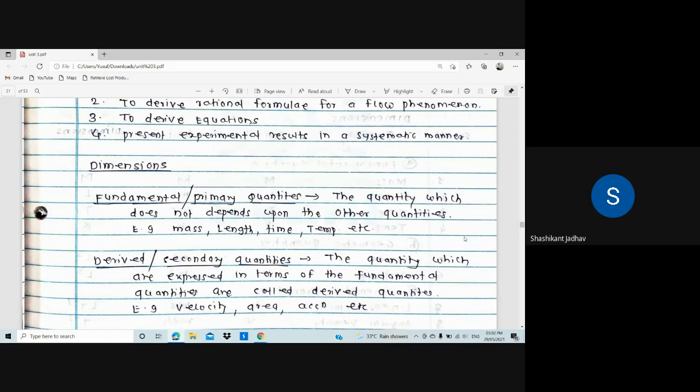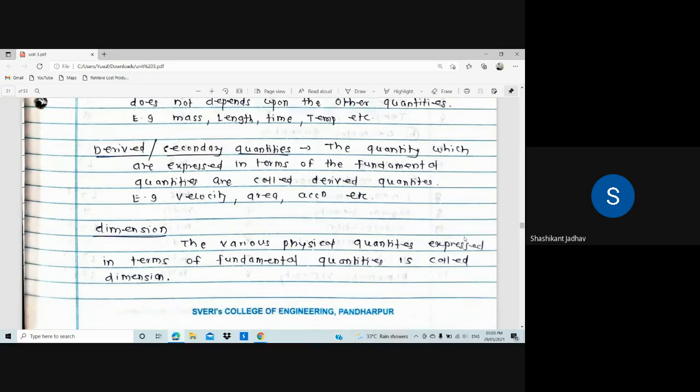The quantities which are expressed in terms of the fundamental quantities are called derived quantities. Example, write down the examples for the secondary quantities, that is velocity, area, acceleration, etc.